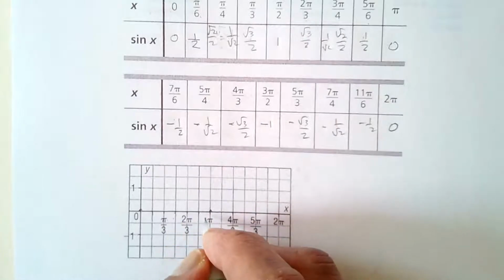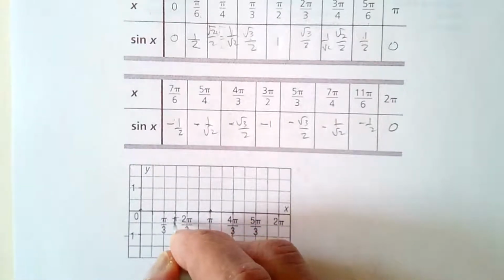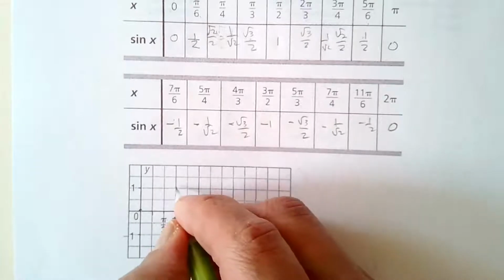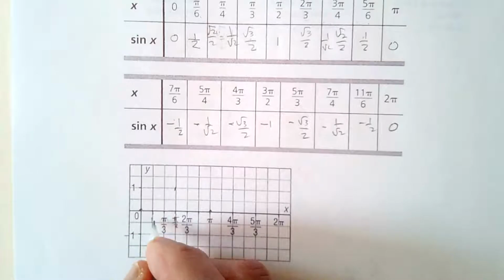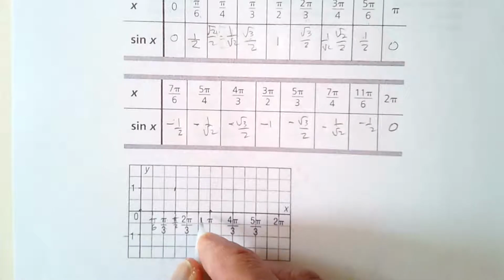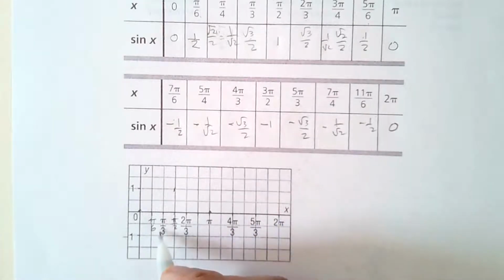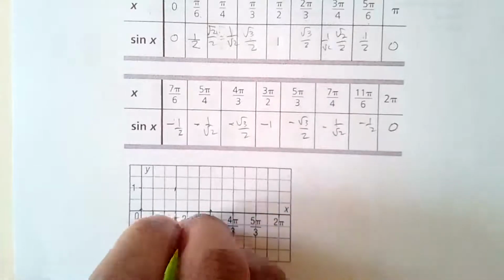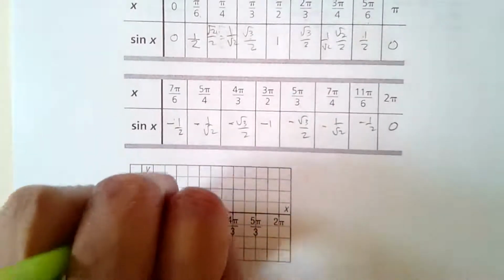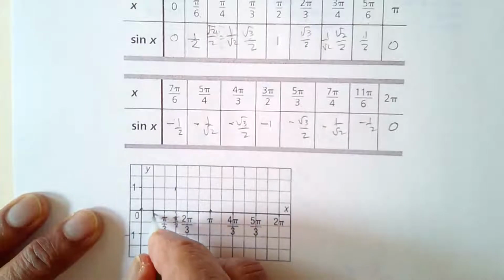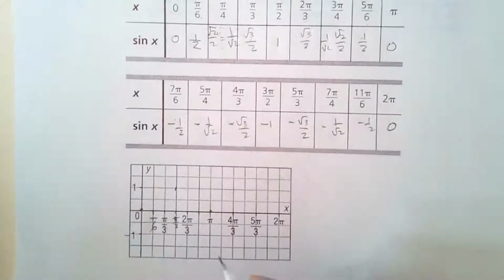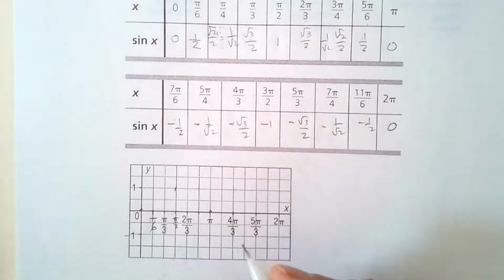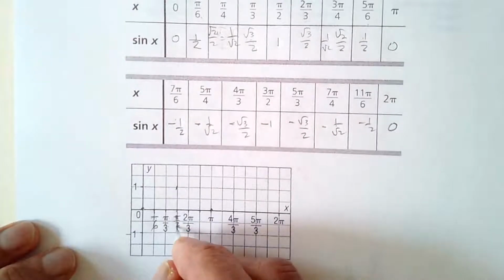So here's my pi over 2 here, and that'll be 1. So it would be pi over 6, pi over 3, pi over 2. And we have actually pi over 4 here. So pi over 6 here, and this is pi over 4.